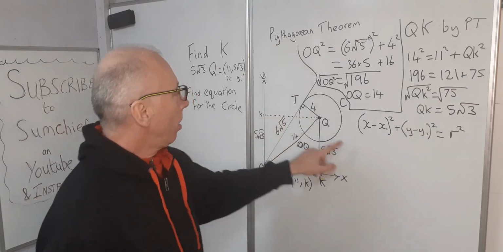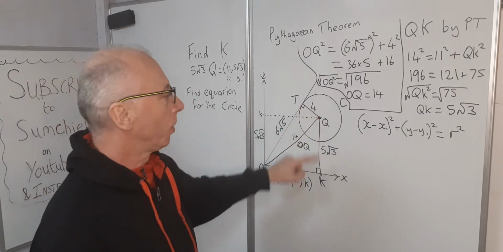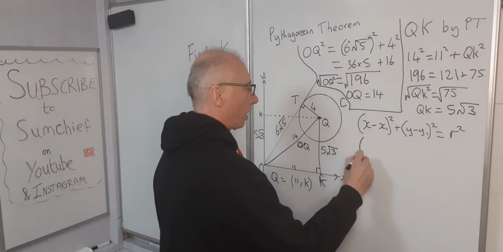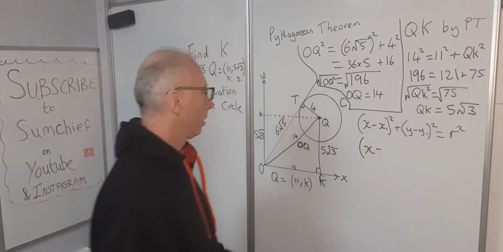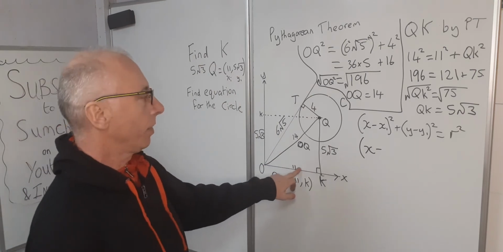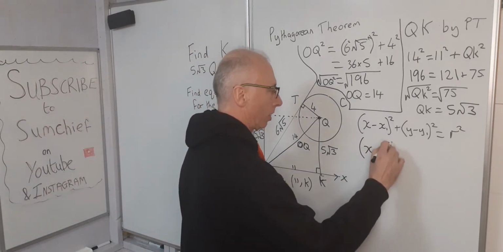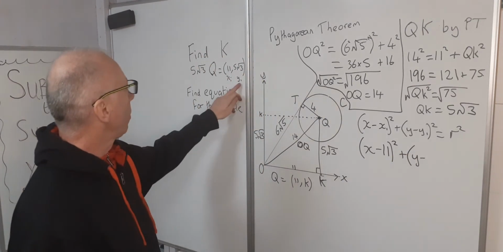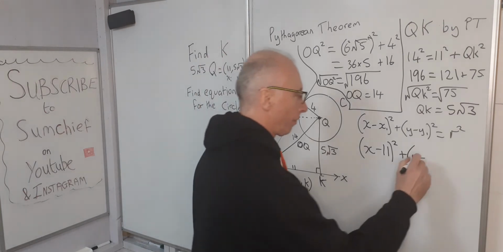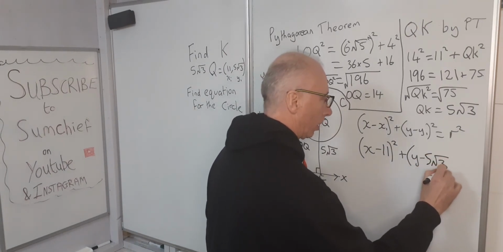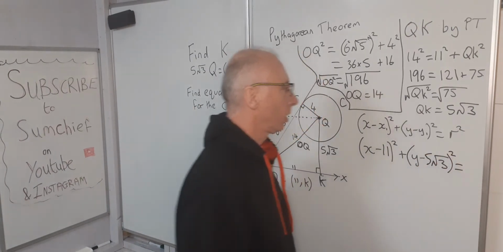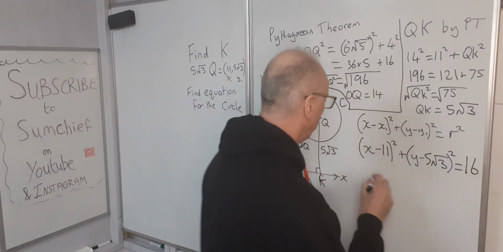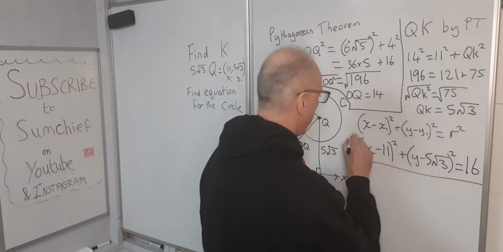Okay, and the radius we're given in here is 4. Well, 4 squared is 16. So what we can write is here, x minus, what's our x1? That's 11. So (x minus 11) squared plus (y minus 5 root 3) squared equals 16. There we go. That's our equation for the circle.